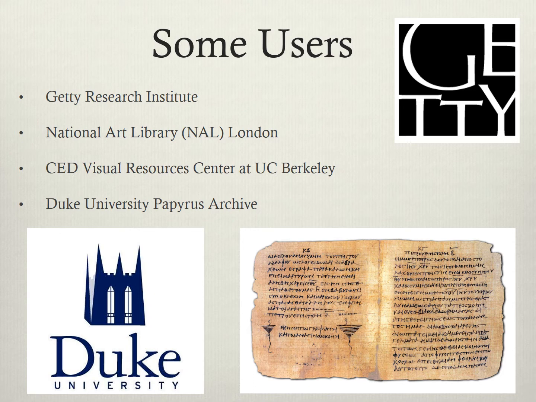It's in a beautiful location as well. The National Art Library of London uses AAT in their catalog, and is working toward using it exclusively, but right now they still use some terms from LCSH as well. The Architecture Visual Resources Library at the University of California, Berkeley uses AAT in their slide collections, and Duke uses it for genre and form terms in their papyrus collection, which is kind of fascinating.